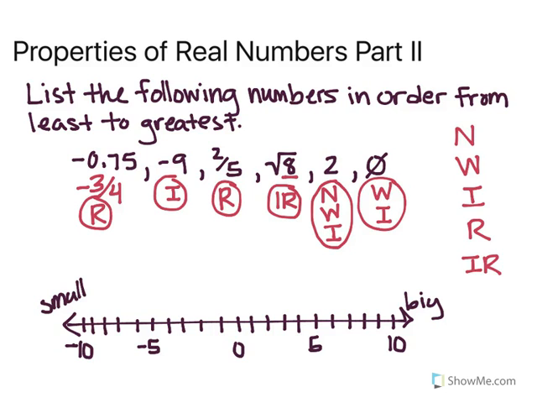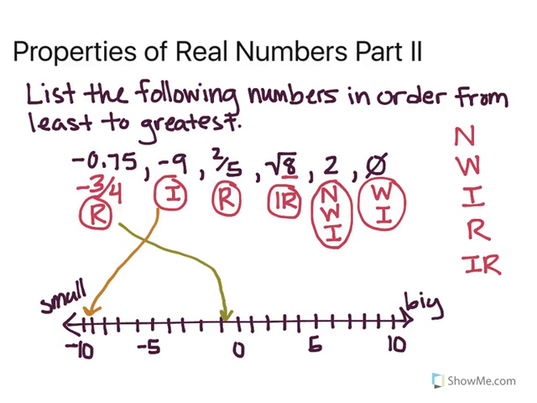So we're going to put negative 0.75 right in here between 0 and -1, but closer to -1. The next one we have is -9, which is fairly easy to place. I just need to count 9 places from 0 in the left-hand direction, which is 1 smaller than -10.